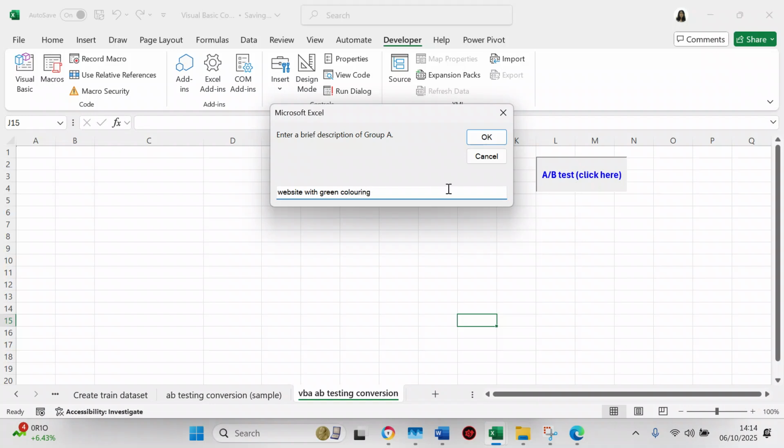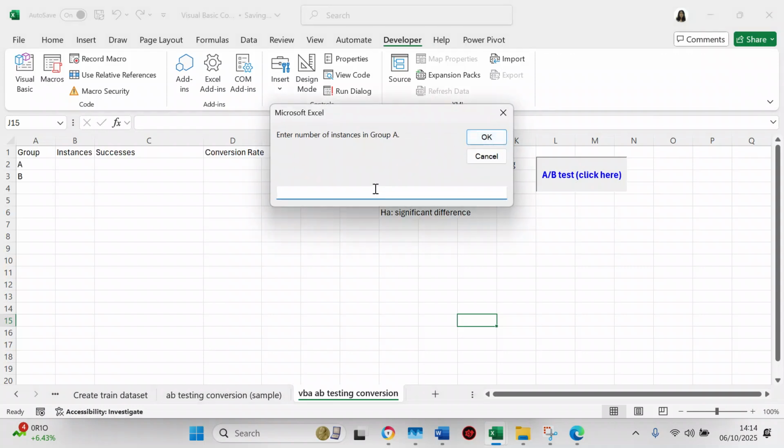That's your description of Group A. And then for Group B, we're going to do website with blue coloring.